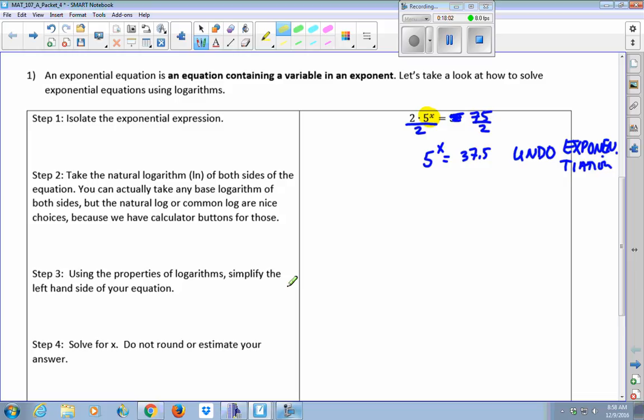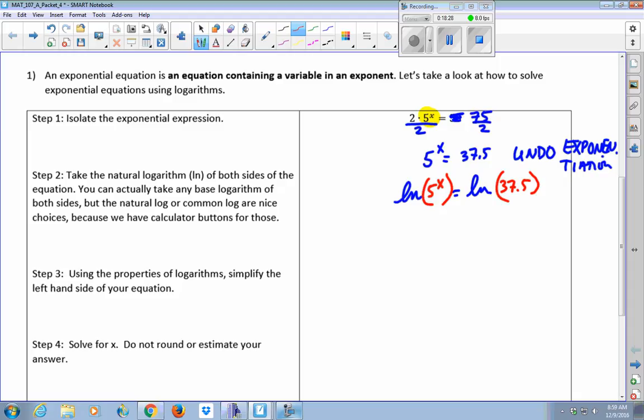And the only way we can do that is with the log property. So again, I'm going to take the natural log of both sides. I'm just going to scoot a little ln in front of the values on both sides of my equation. There we go. ln of 5 to the x equals ln of 37.5.